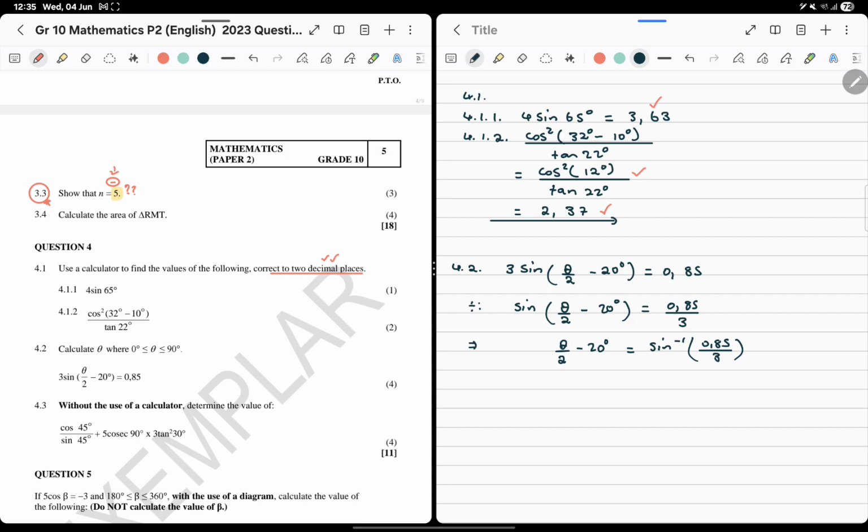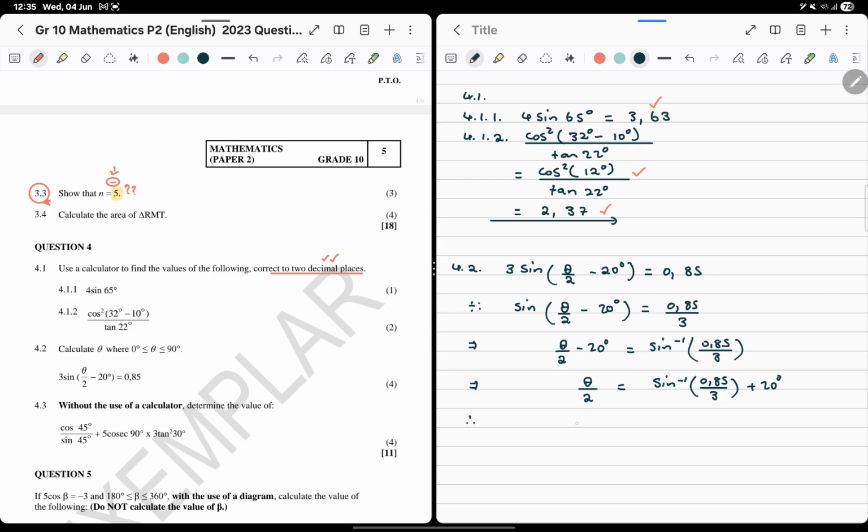Now, we don't want to rush. This also implies that theta over 2 is going to be equal to arc sine 0,85 divided by 3 plus 20 degrees.